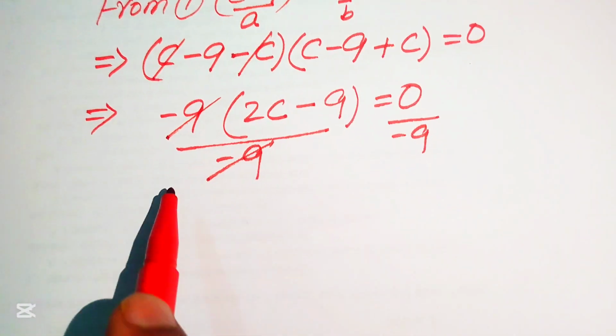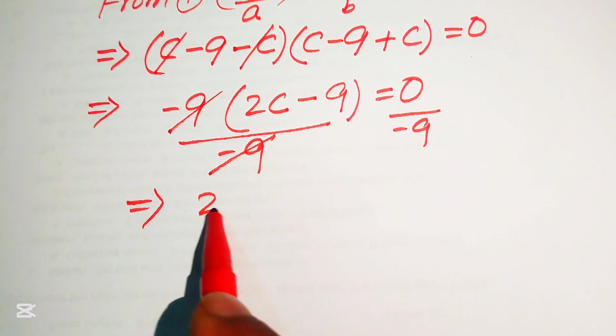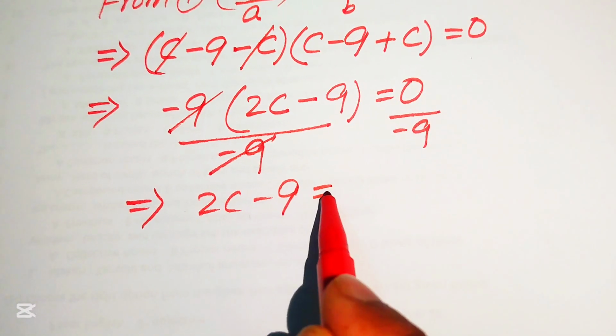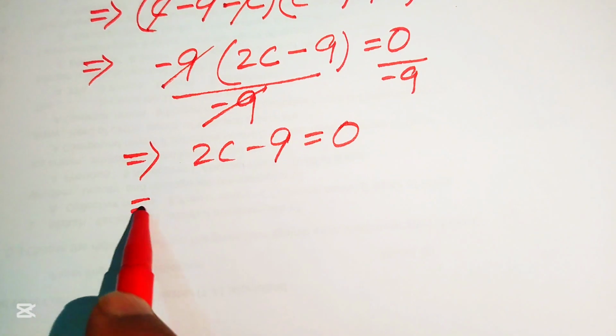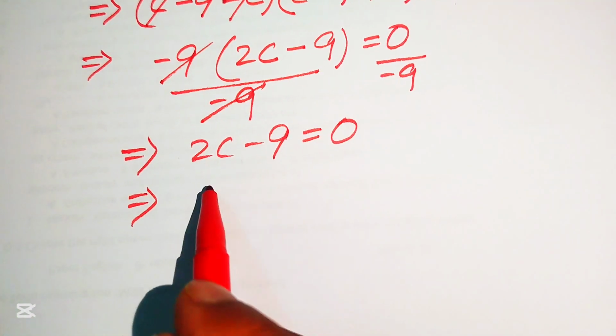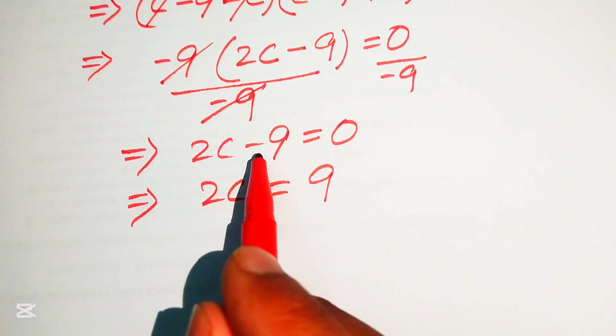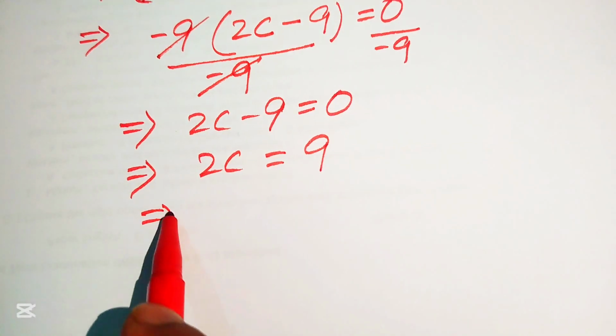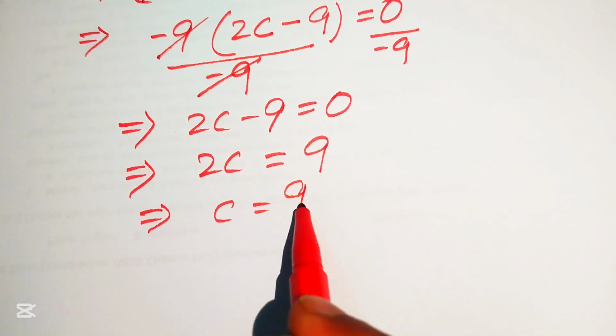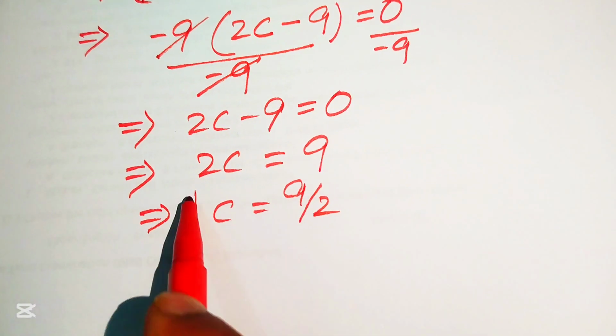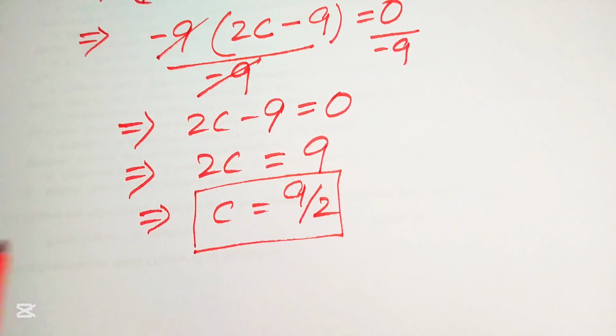These are cancelled by each other, and we obtain 2c - 9 = 0. So 2c equals 9, minus 9 becomes plus 9, and we get the value c = 9/2. This is the value of c which we get from equation number 1.